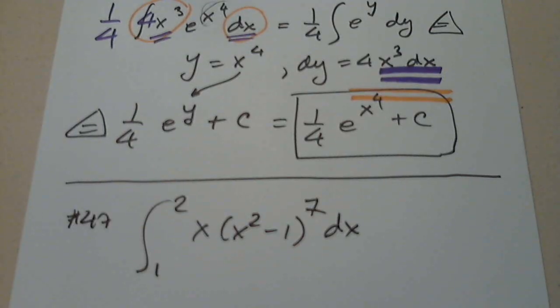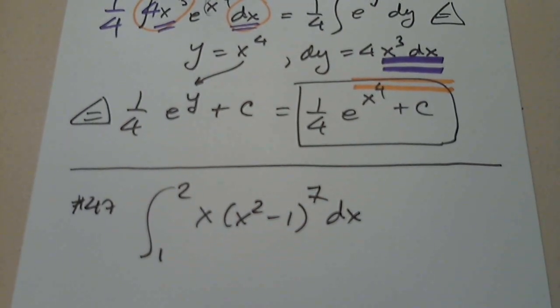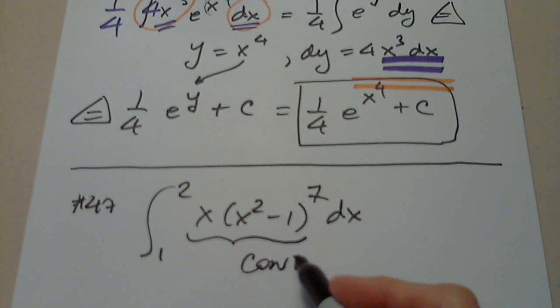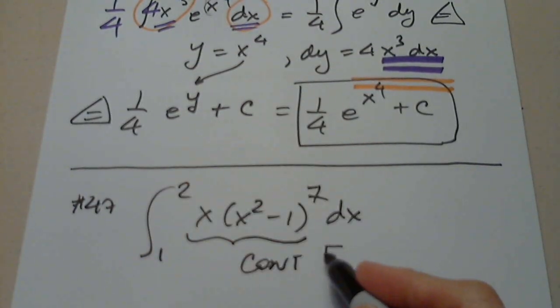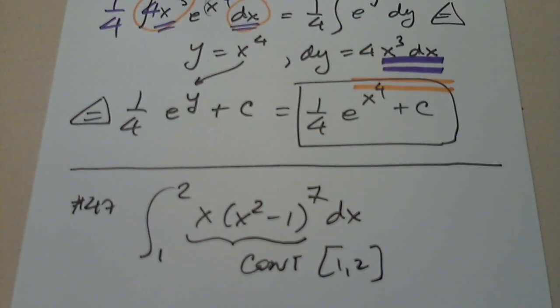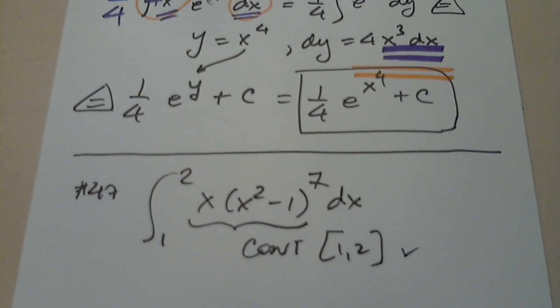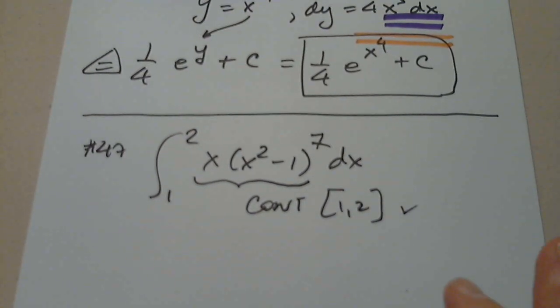Please remember one thing. We always have to check that this function is continuous on the given interval. Of course it is, because it's a polynomial function, so it's continuous everywhere. But we always have to check, because here's why.